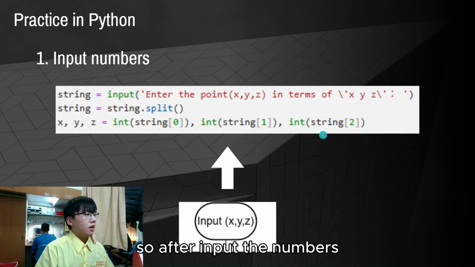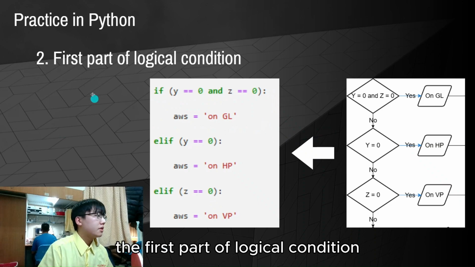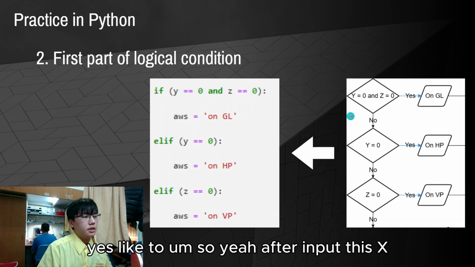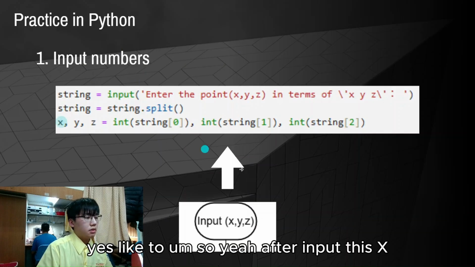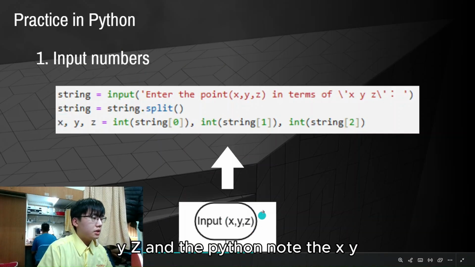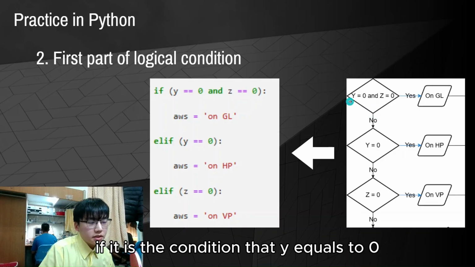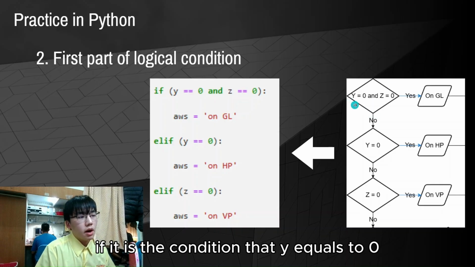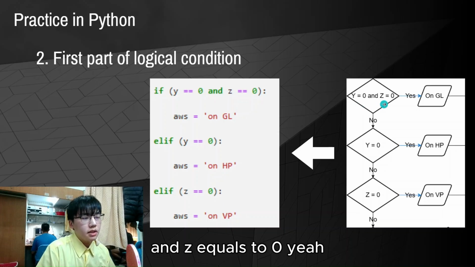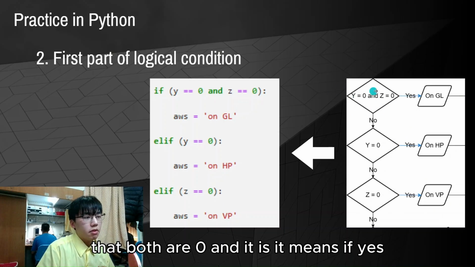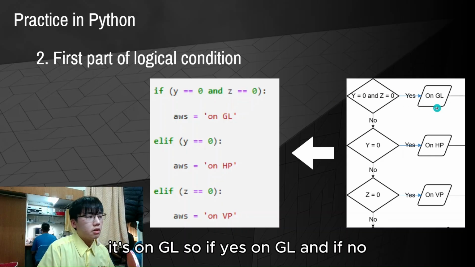After inputting the numbers, the Python knows the x, y, z, and the first part of the logical condition is to check if y equals 0 and z equals 0. If both are 0, it means that if yes, it's on the GL.